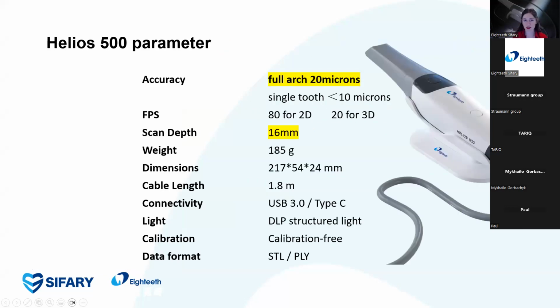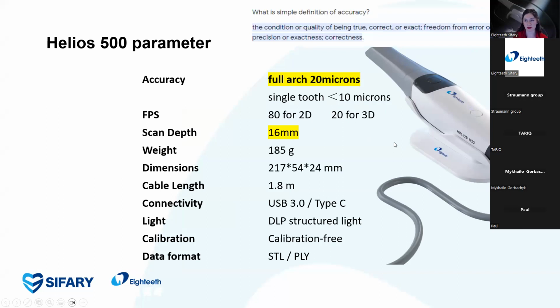Okay, let's take a deeper look at the parameters. I recommend you take a picture of this, which you can use in the future. The accuracy. What does accuracy mean? If you're in the intraoral scanner industry, you will be hearing this a lot, and the doctors' first question could be, how many microns?